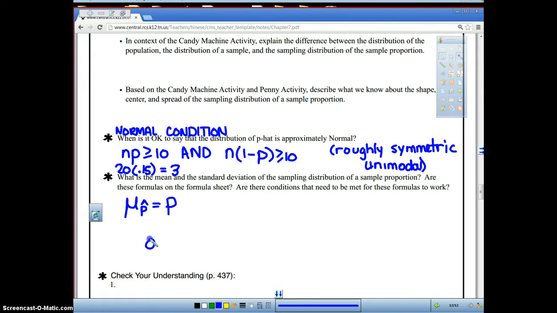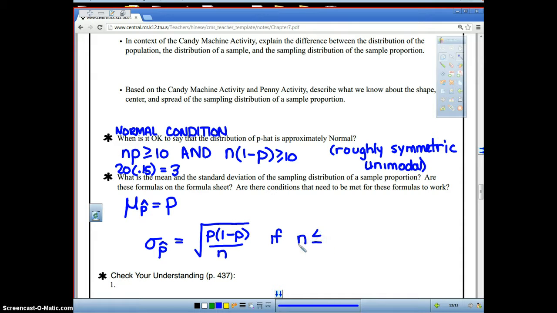I can determine the standard deviation of p hat by using this formula: p times 1 minus p, divided by n, and then take the square root. Okay, this one, however, has a condition. I can only do this if my 10% condition applies, the same independence condition as from last chapter.